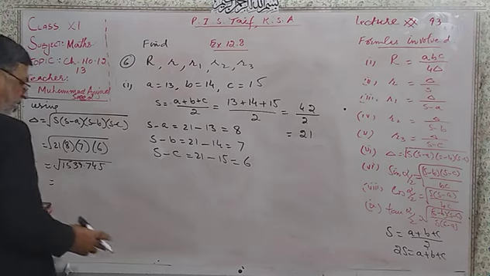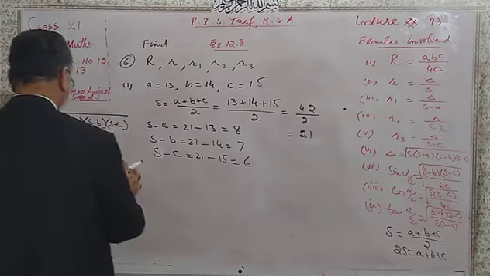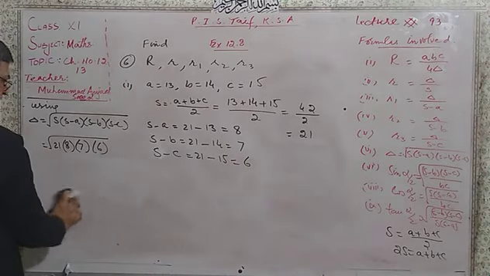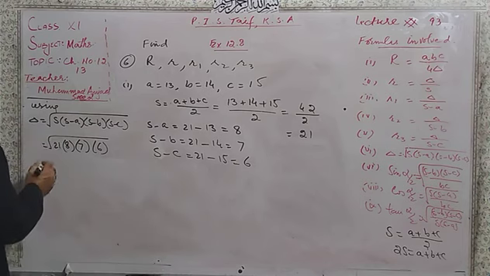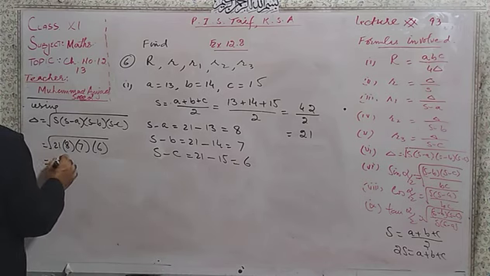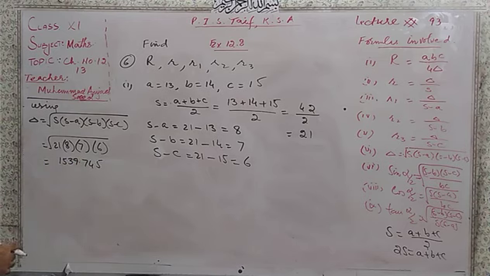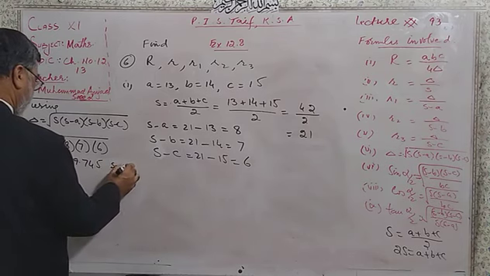Yes, but I have taken the square root there, therefore we have the direct answer. This will be 1539.745. This is the area of the triangle. This is known as square unit.